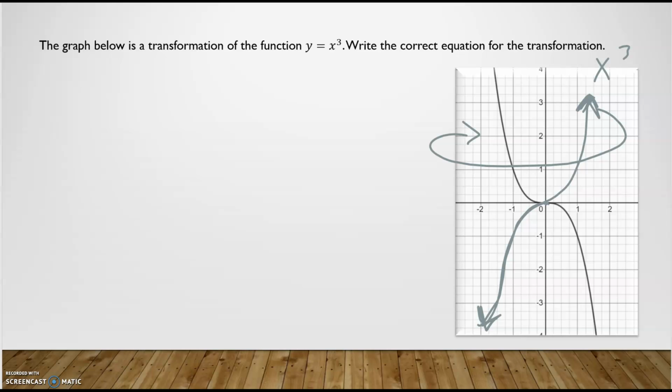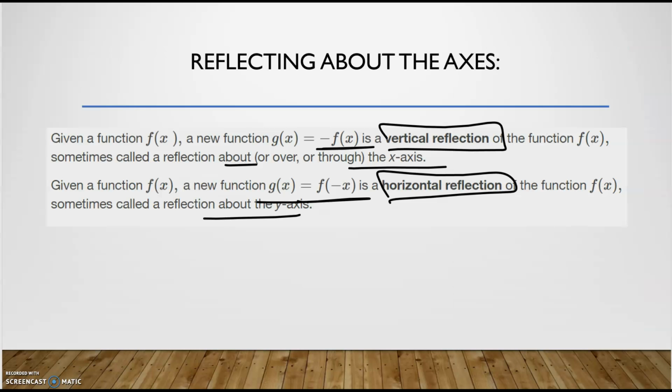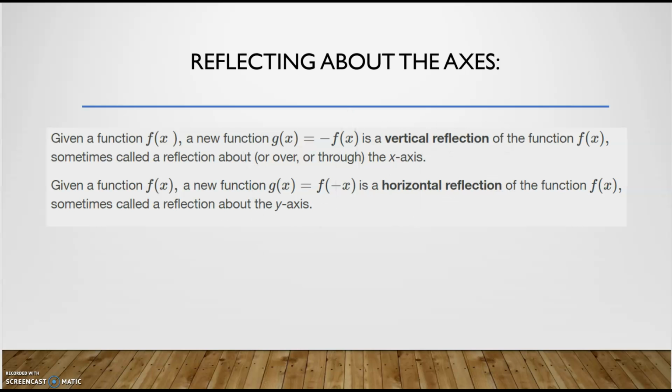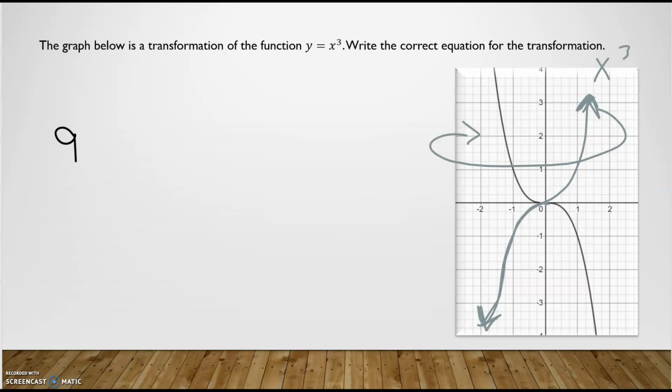So if I'm flipping about the y-axis, then what I need to do is have a negative by the x value. So what I need to do is g of x would be negative x, this whole thing, cubed.